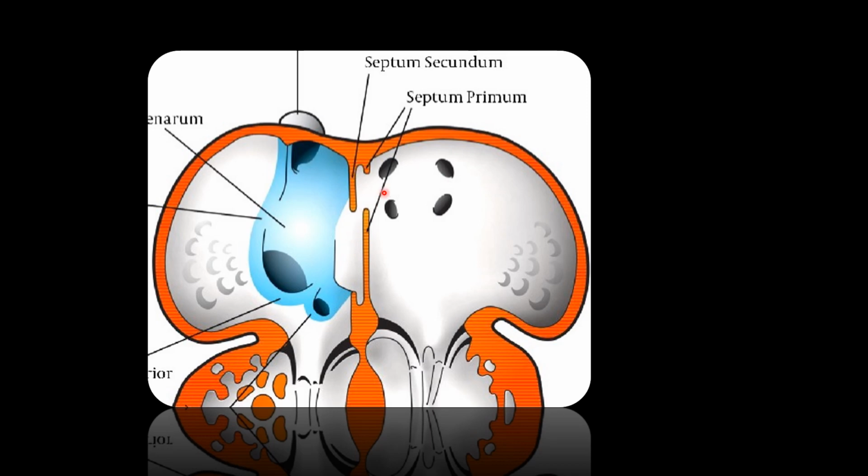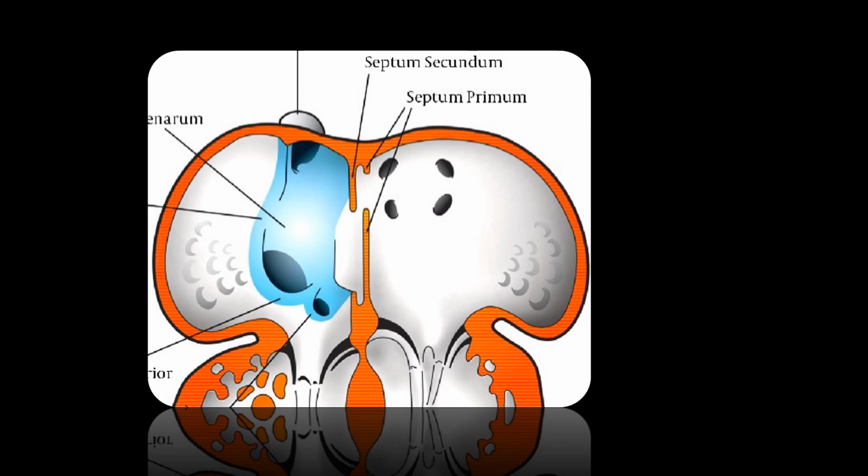After birth, the caudal edge of the septum secundum persists as limbus fossa ovalis, and the septum primum persists as fossa ovalis. Now, this interatrial septum formation occurs, and this separates the right and the left atrium. Like this, the development of the interatrial septum occurs, and that divides the right atrium and the left atrium.